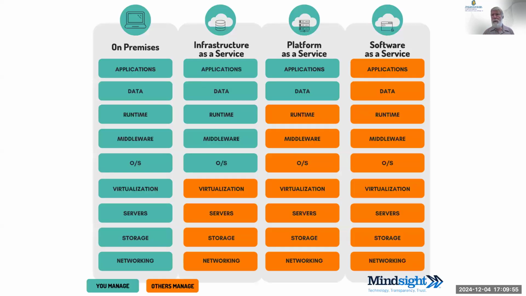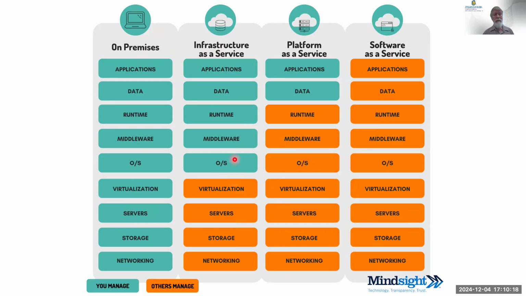We had our Google exec talking about cloud security. Just a real quick reminder of how clouds work. There are 3 different cloud models: infrastructure as a service, platform as a service, software as a service. And of course, on-premise means that's the traditional way, you just do it all yourself.